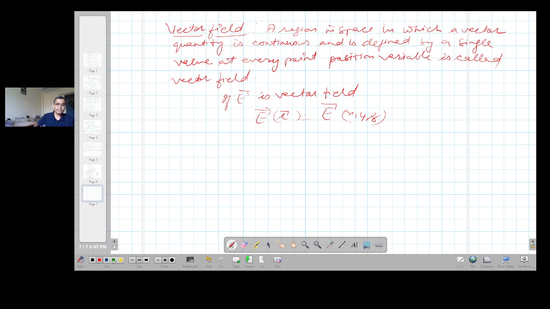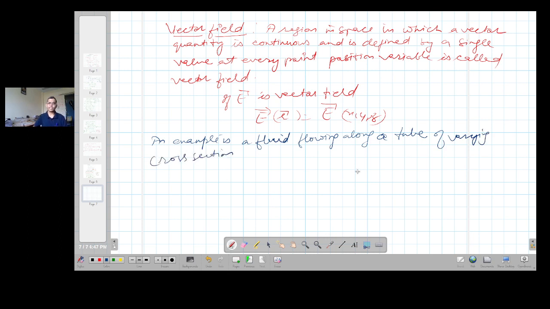An example is fluid flowing along a tube of varying cross section. So let us take an example. Say it's a tube whose cross section is varying.